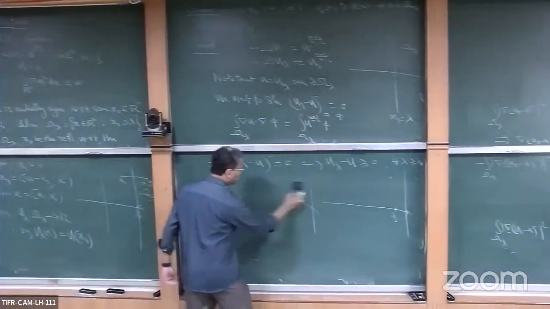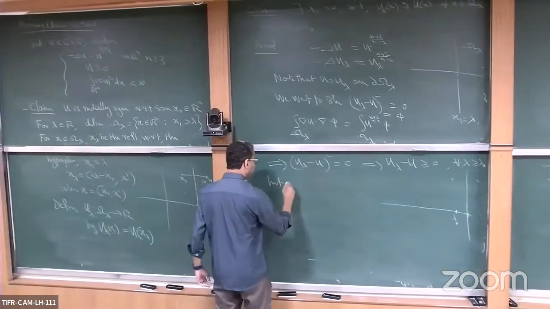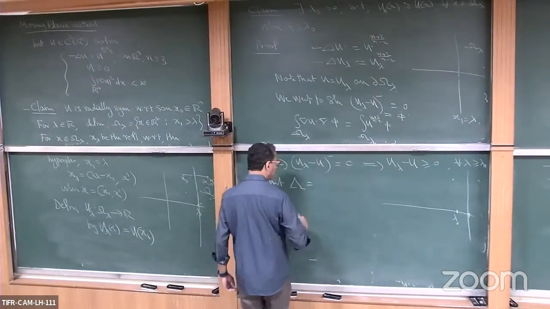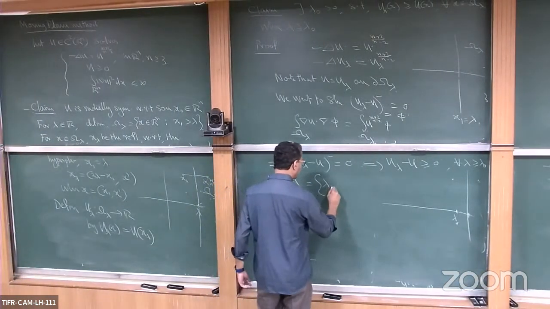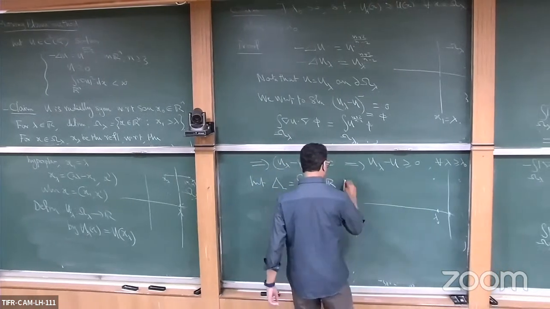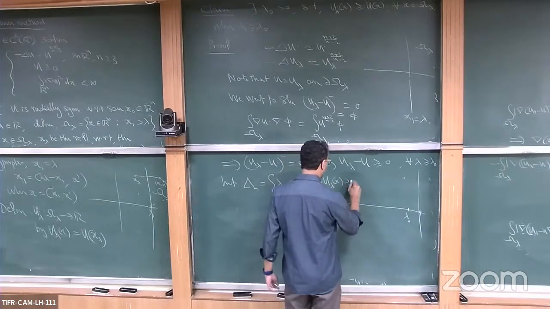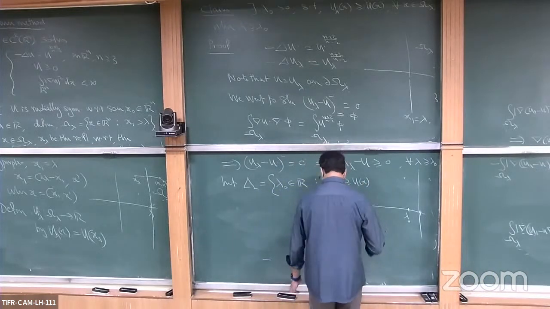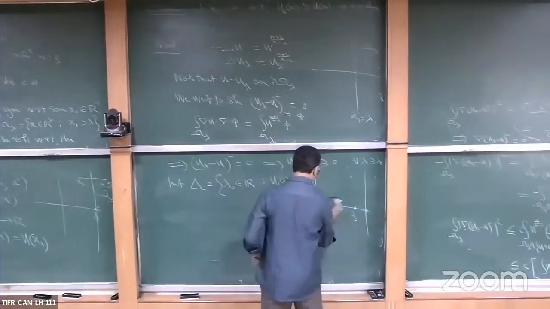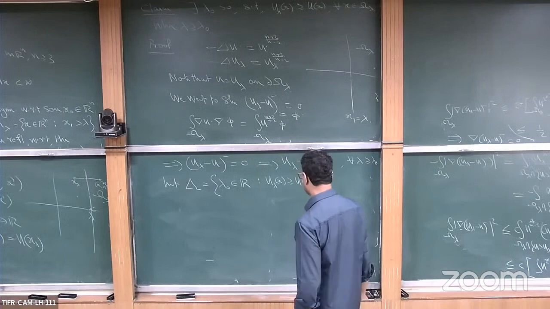So the next step in the moving plane is, let capital Lambda equal to the set of lambda in R such that u_lambda(x) is greater than or equal to u(x). Well, maybe I should use a different notation.